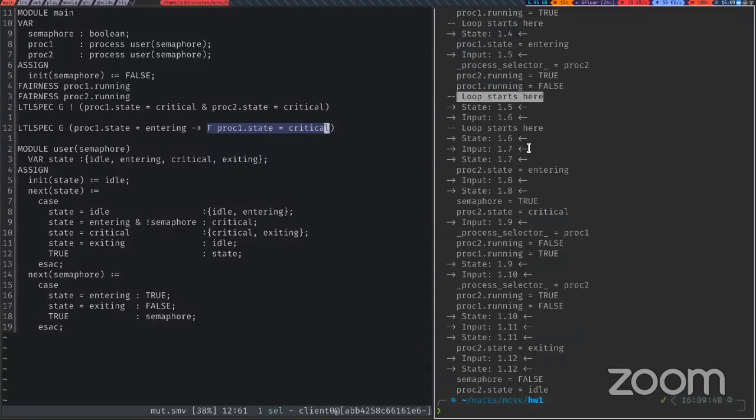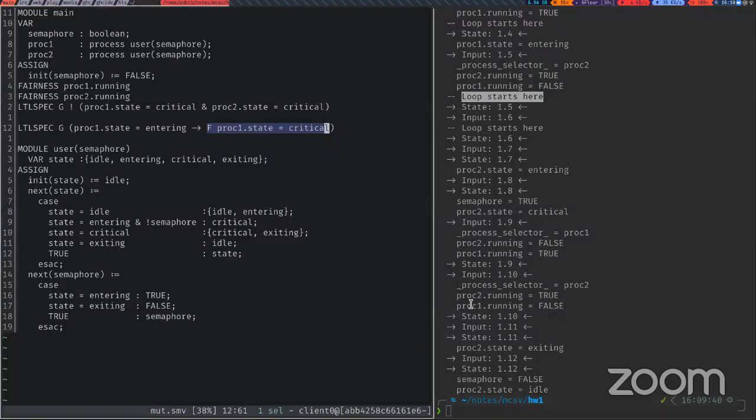The loop is that first proc1 tries to enter the critical section. Then there's a loop: proc2 enters the critical section, then exits, and then it keeps looping. So proc2 keeps entering and leaving the critical section, but proc1 never actually has the chance to enter the critical section.